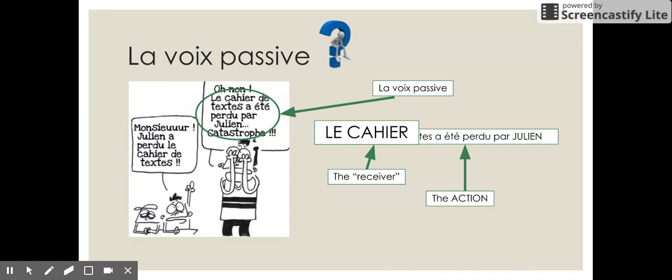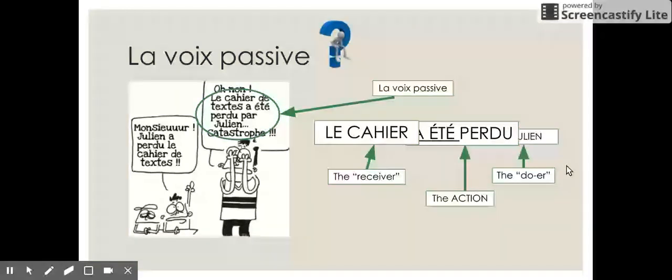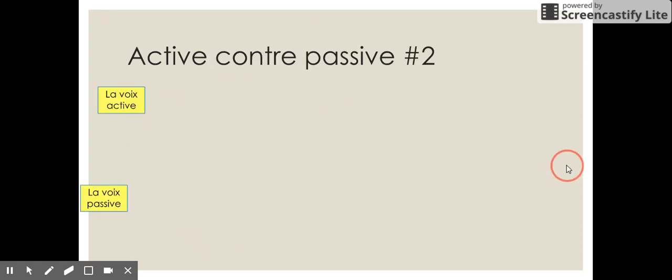It's still perdre, but now it's a été perdu, was lost. Julien, he's still the doer, but now it's par Julien, so he's the one who's still performing the action, but the action is being done by him, by Julien.